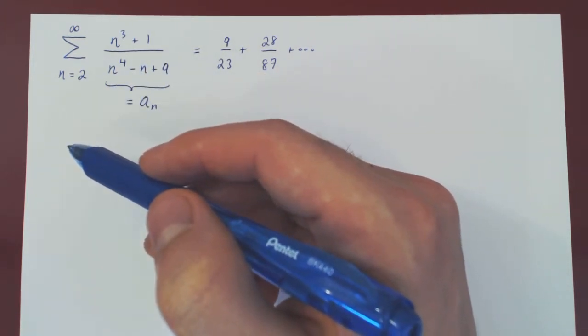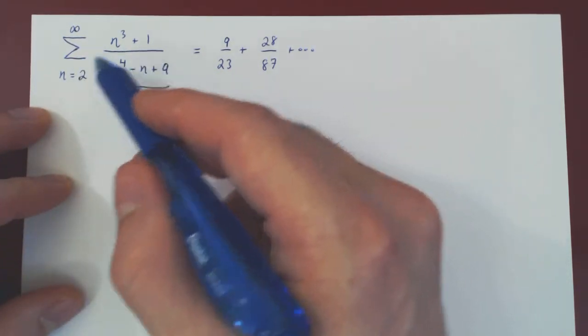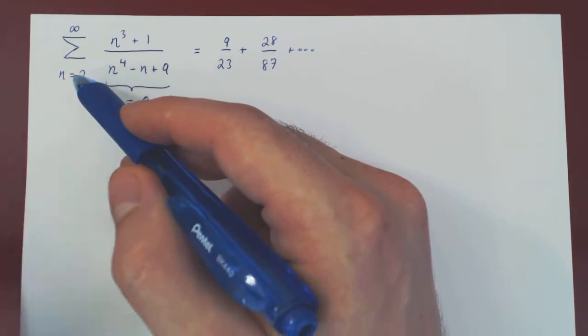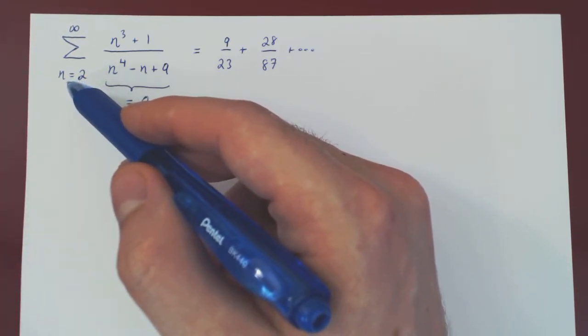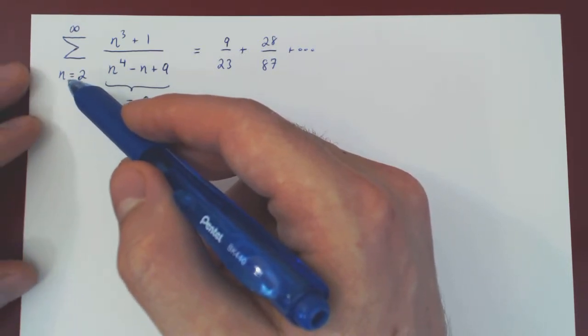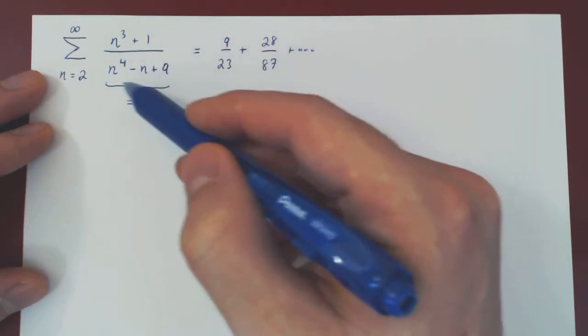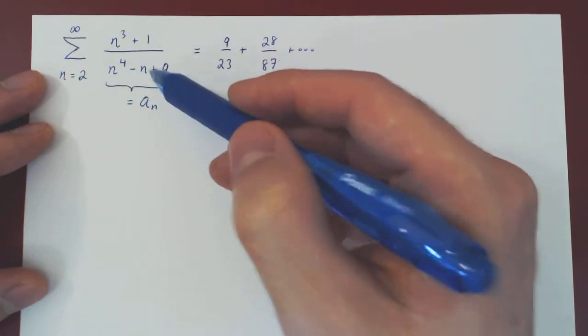As we've said many times in the past, when we try and figure out whether a series converges or diverges, the first few terms don't matter. So we can drop the first 50 terms, the first million terms, the first billion terms. It doesn't matter. It will not affect convergence. So what we're really saying here is all that matters is what is roughly a_n when n is large.